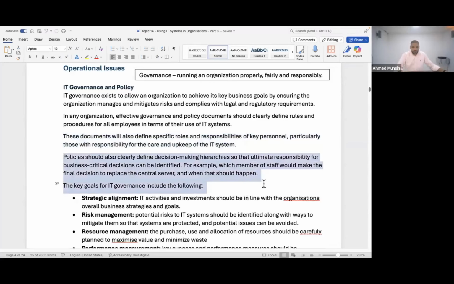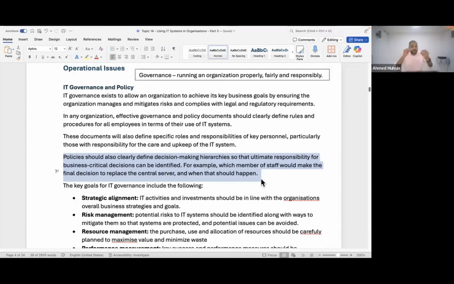The policies should also clearly define decision-making hierarchies. You know what a hierarchy is, right? Hierarchies are different levels. So everybody in an organization, can everybody make a decision for the business? No, right? For example, if you think in a supermarket, a cashier cannot make decisions.